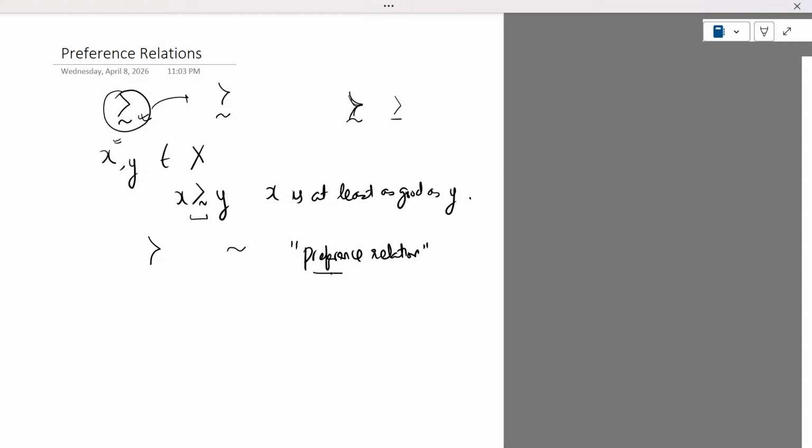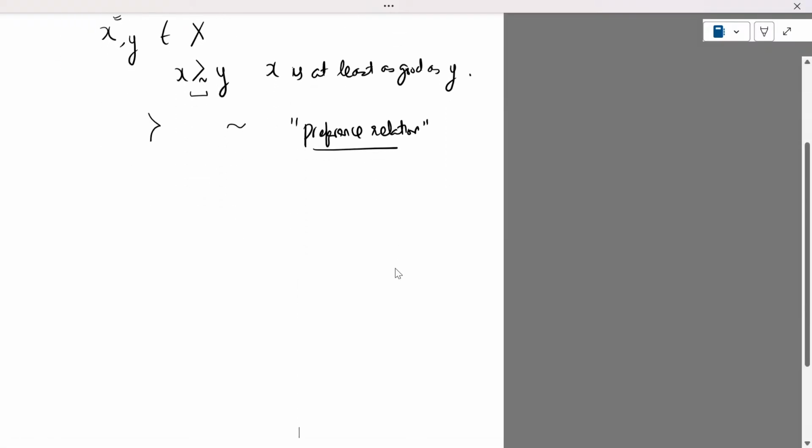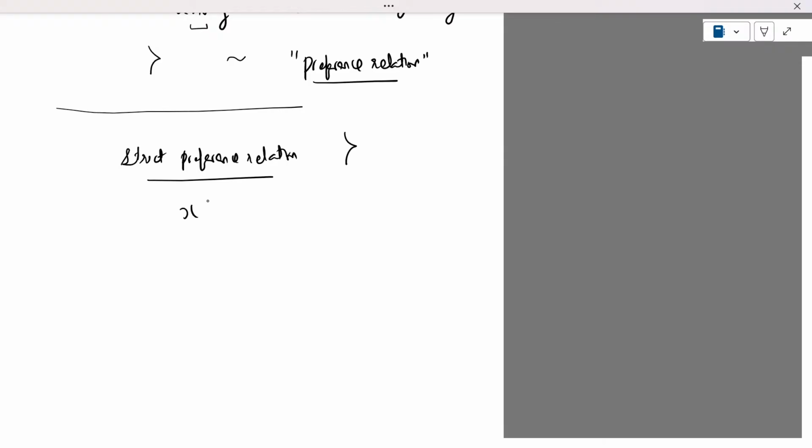We have already seen as good as. Now we shall define the strict preference relation. How do we define this? We say that x is strictly preferred to y if x is at least as good as y and not the opposite.